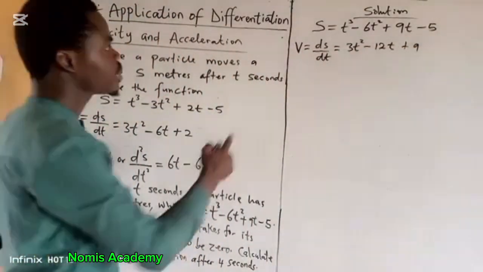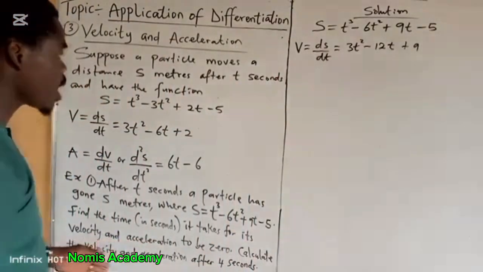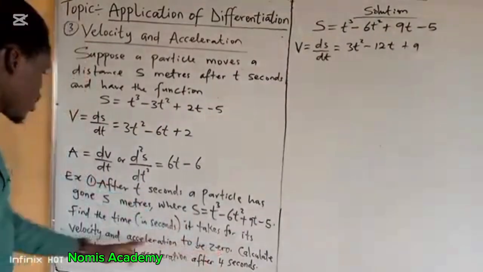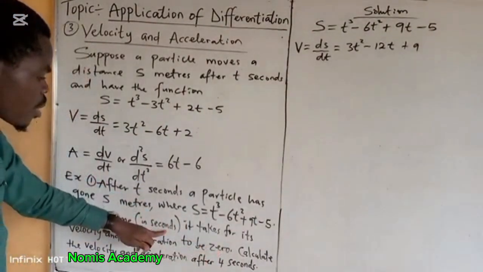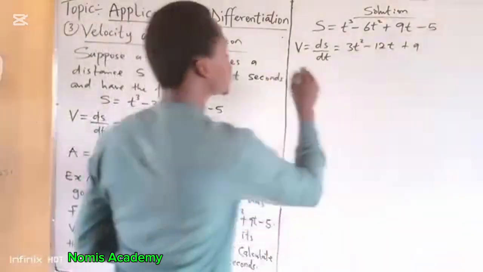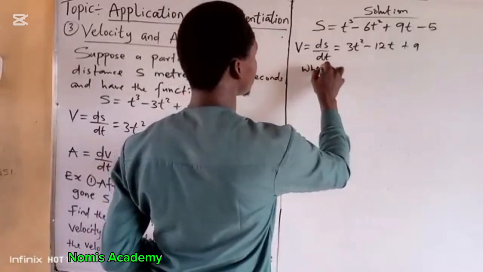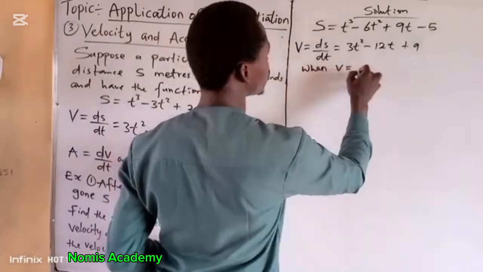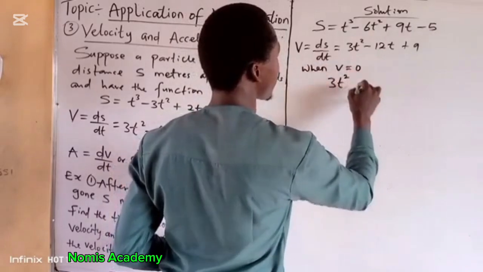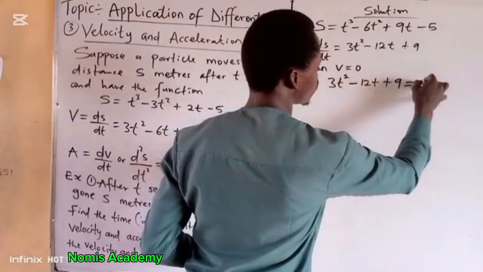Okay, and then the acceleration, but let's do it one after the other. Now we are asked to find the time when the velocity is at 0. So when v equals 0, we have 3t squared minus 12t plus 9 equal to 0.